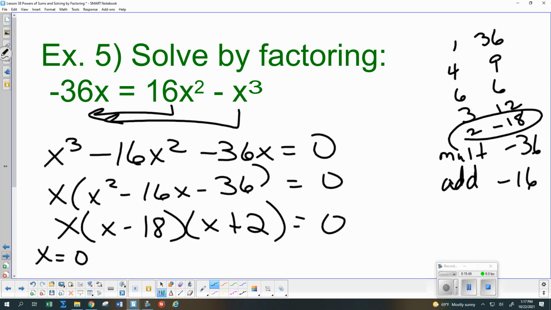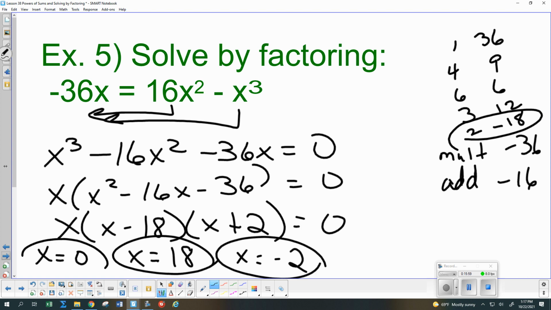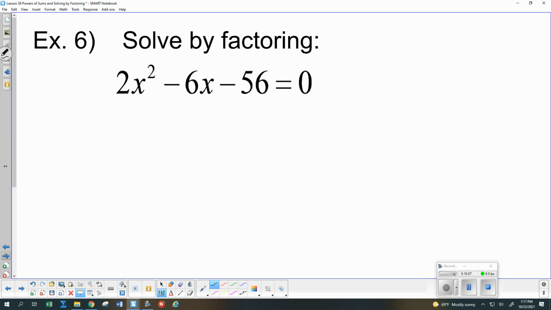Okay. x can be, what for this next one? 18, and x can be negative 2. So I can sometimes have 3 answers on this. Everybody get that?